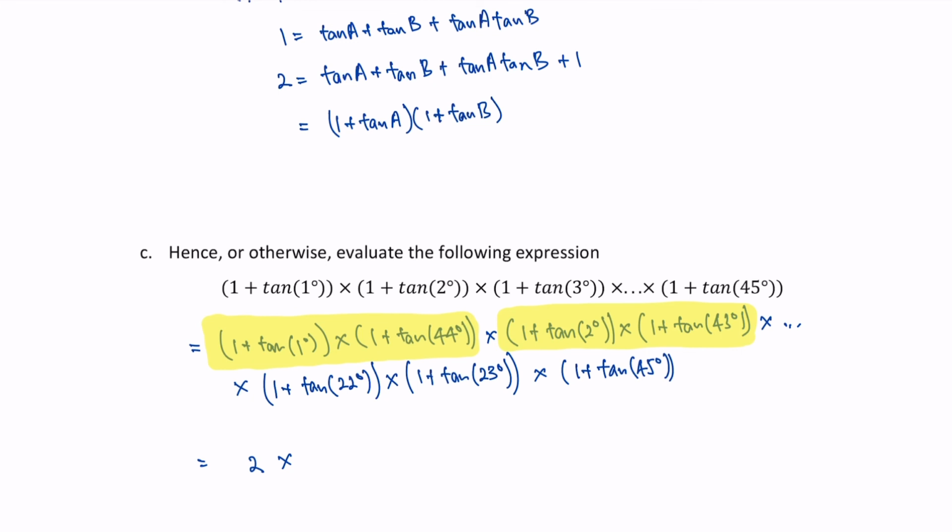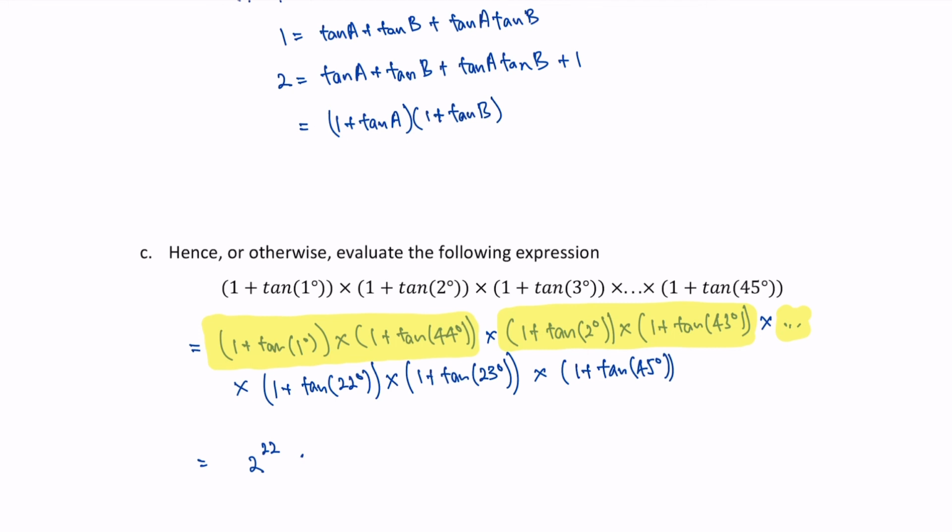In fact, all of these in between will all equal 2 until we get to the last pair, which is 1 plus tan of 22. So in fact, there'll be 22 2's. So we'll go 2 times 2 times 2, 22 times. So that's 2 to the 22.